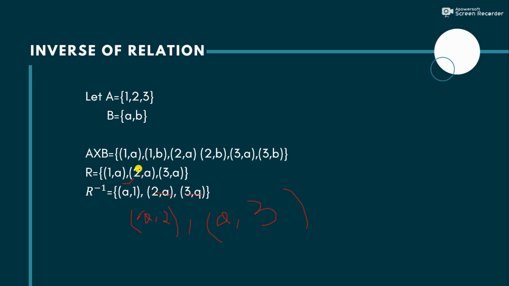So 2 is the first element and 3 is the second element, and A is the first element and 3 is the second element. So this is how we can find the inverse of a relation. These two are the typing mistakes that I made while preparing the video. So this is the relation A1, A2, A3, because we just swap the elements. This is how we can find the inverse of a relation.